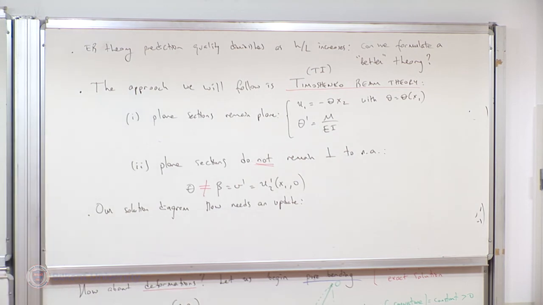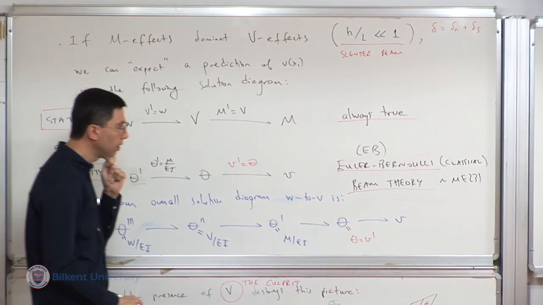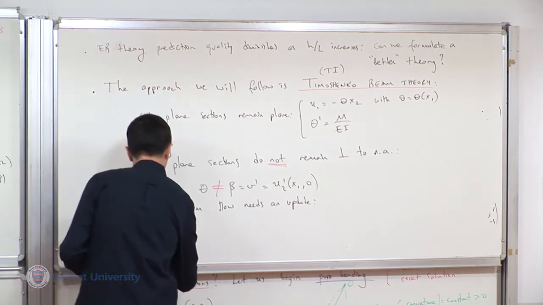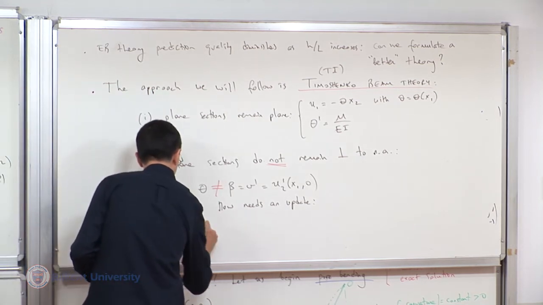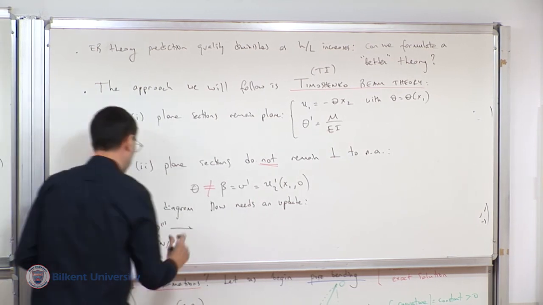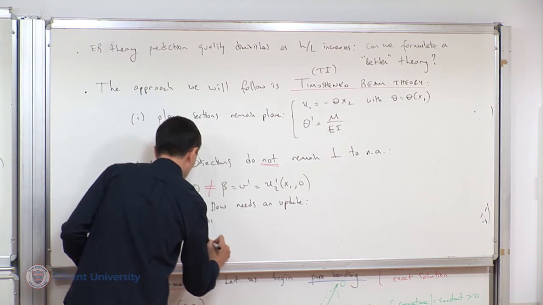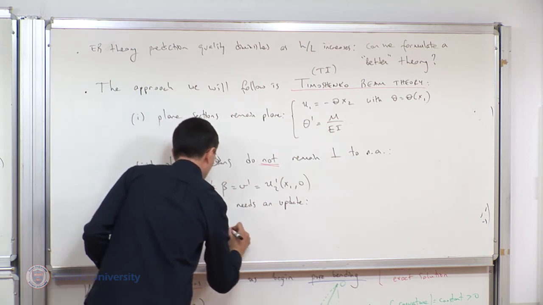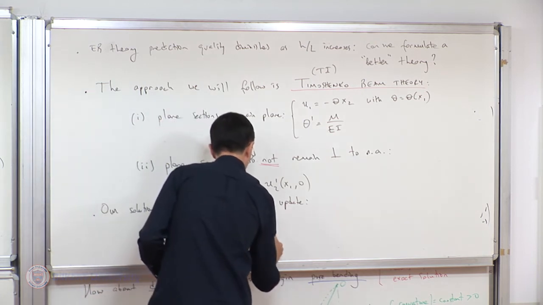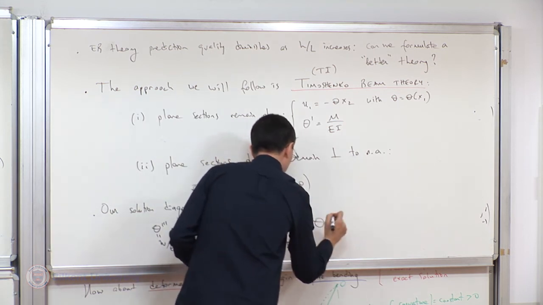I told you that the blue route that we have developed still holds because of retaining the first assumption. So theta triple prime will take us through the relation theta triple prime equals W over EI, to theta double prime, which is V over EI, to theta prime, which is M over EI, to theta.